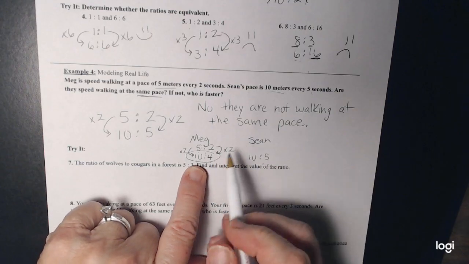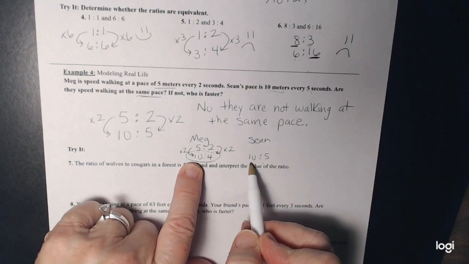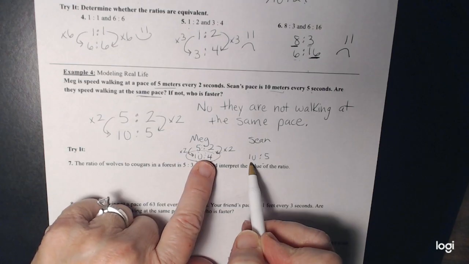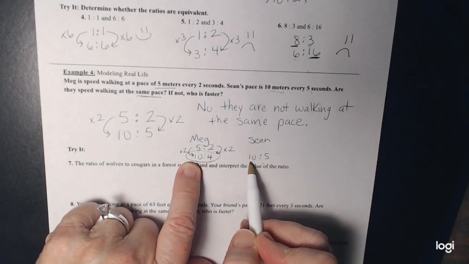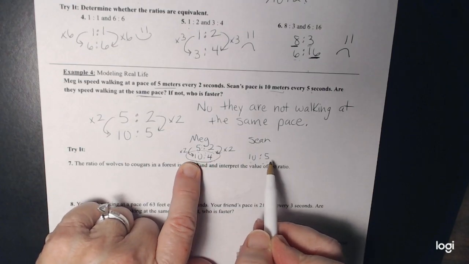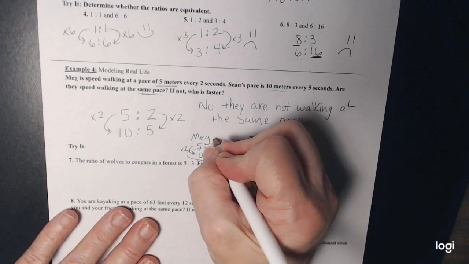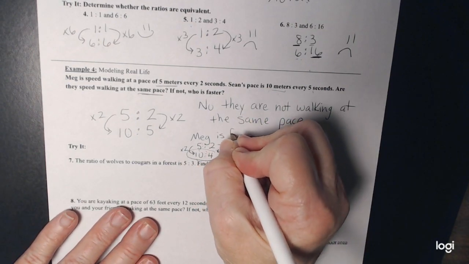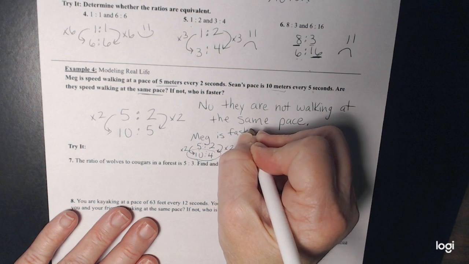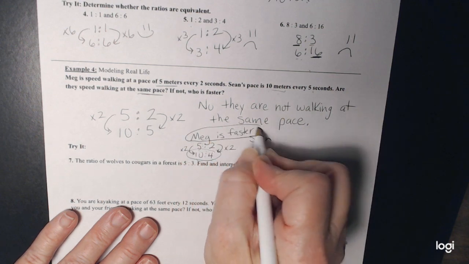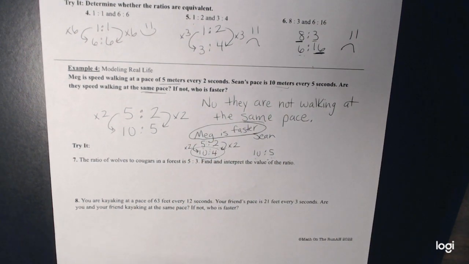Well, it looks like Meg is faster because she can walk the 10 meters in only 4 seconds, whereas Sean has to take the 10 meters and walk it in 5 seconds. So we could say Meg is faster. And I'll go ahead and circle that like that, and you can write that in your notes.